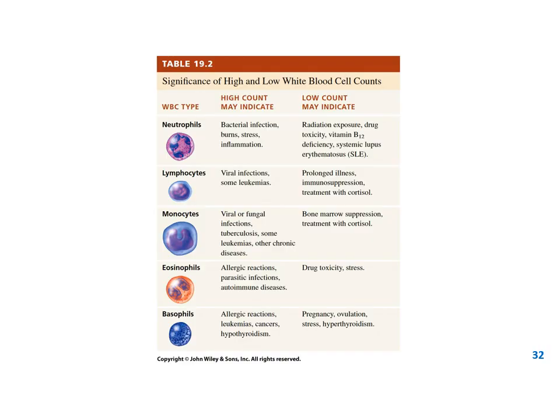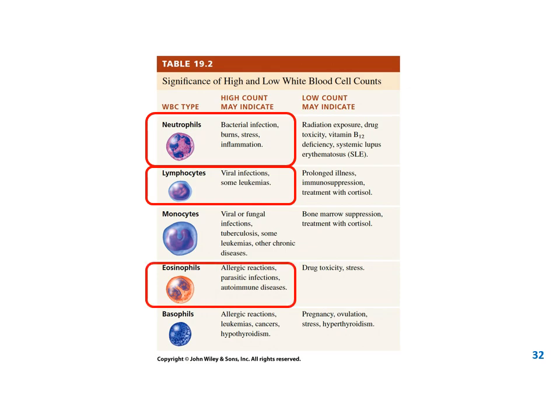This is from the book. So this is an important thing to know: neutrophils, bacterial infection; lymphocytes, viral infection; and eosinophils, usually allergies, right? But it could also be a worm parasite type of infection.